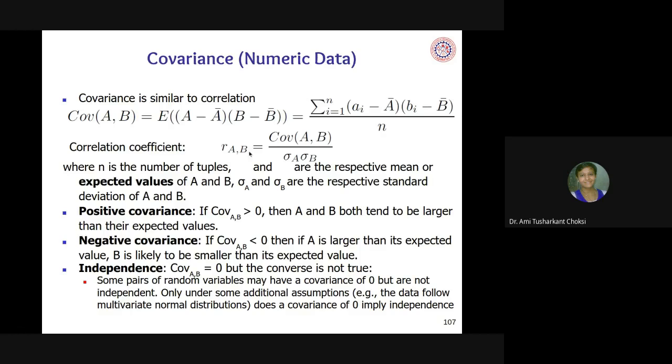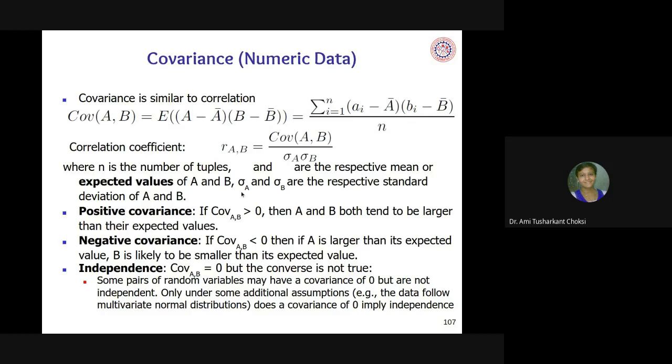That is r_AB equal to covariance AB upon sigma A into sigma B, where n is the number of tuples, and A bar and B bar are the means, in this equation A minus A bar, B minus B bar is given to us.